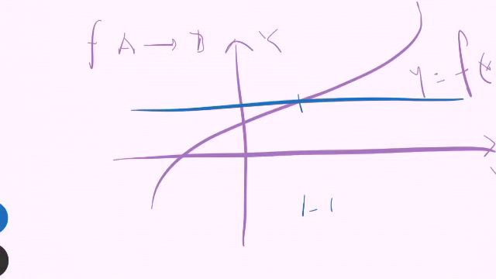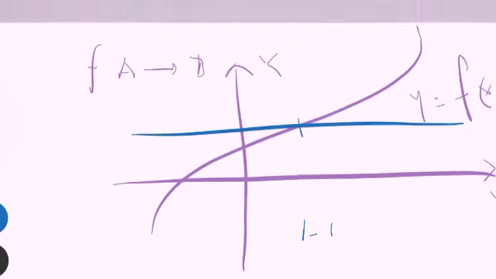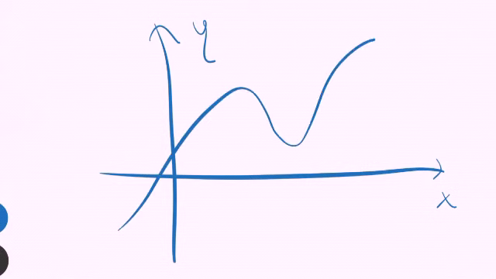Let's say we take some example over here. Let's say this is the x-axis and this is the y-axis. In a certain domain, suppose the function goes this way, with this type of nature. Here the intervals are discussed as: let this be x1, this be x2, and this be x3.